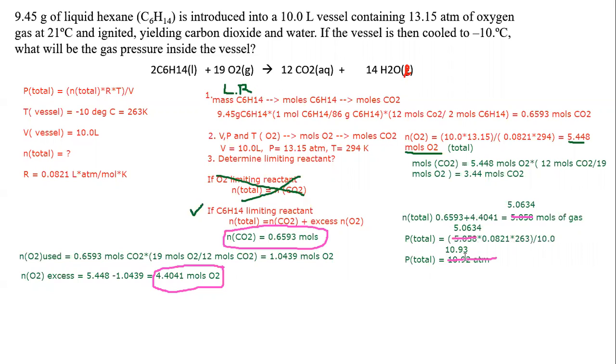Double check my work. Okay, so that would be the total pressure inside the vessel once the reaction is complete and the vessel is cooled to -10 degrees Celsius. So again, with gas stoichiometry, either at the beginning or at the end, you'll be using the ideal gas law, or at both the end and the beginning.